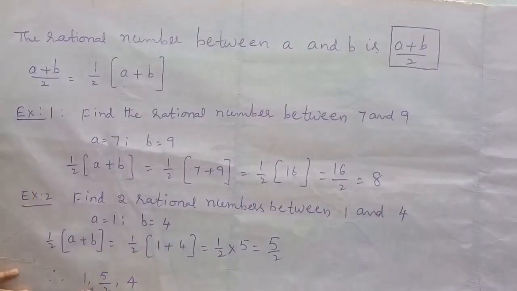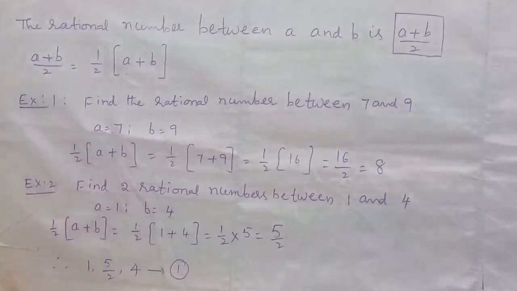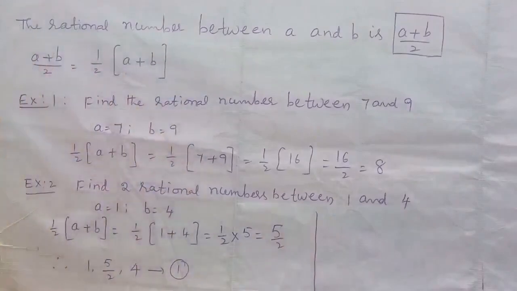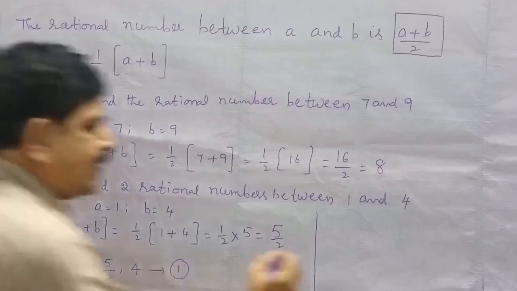This is the first rational number. Now the second rational number can be found from 1 and 5 by 2, or from 5 by 2 and 4. We can find the rational number from either of these two pairs. Now write the second rational number.